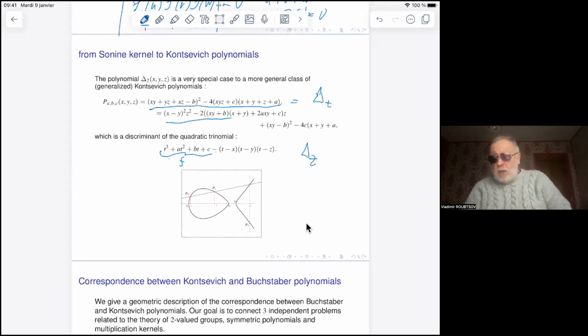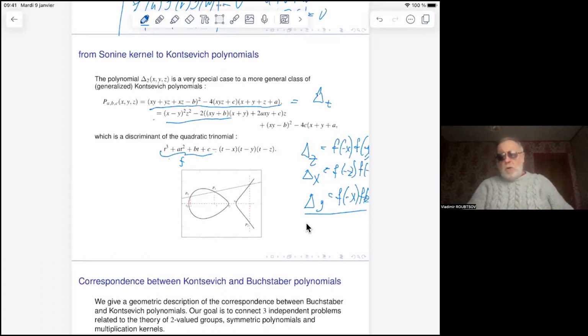And the discriminant in z will give you f of x, f of y. If we redevelop it, because it's completely symmetric, we obtain that each discriminant in x can be factorized as f of z, f of y. In y, it factorizes as f of x, f of z. So it is a so-called strongly determinant splitted polynomial.